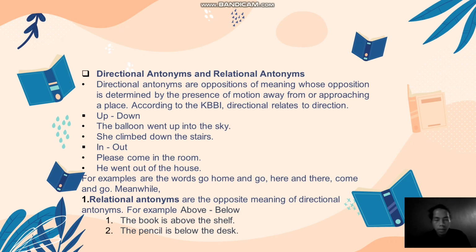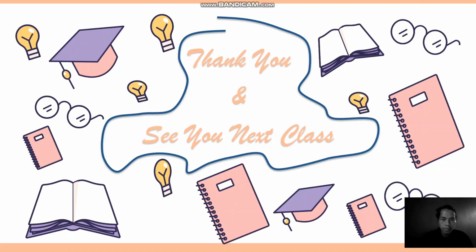Between in and out: please come in the room, he went out of the house. Relational antonyms are the opposite of directional antonyms. For example, between above and below: the book is above the shelf, the pencil is below the desk.